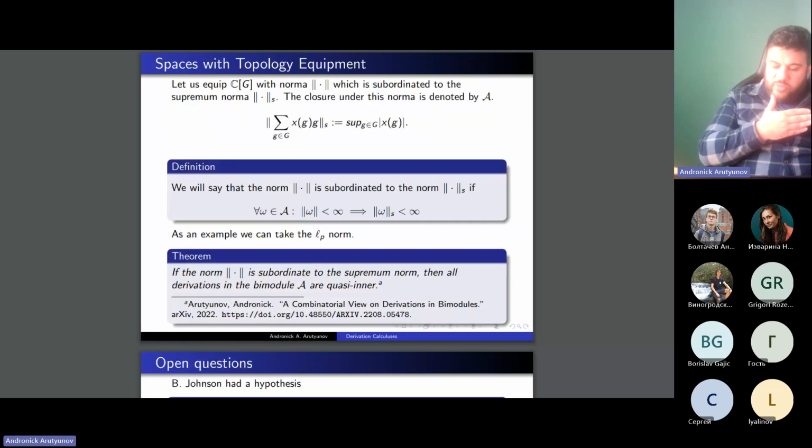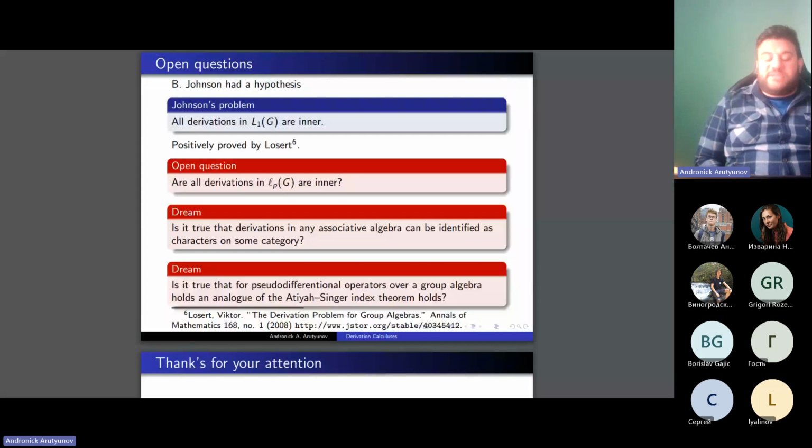Just from this theorem, which is written here, you get that all derivations in LP are quasi-inner. And my hypothesis is that, in fact, all derivations are inner, so quasi-inner and inner are equal for LP. With my student Alexei Nayandin, we have proved this for several types of groups, but the general case isn't easy for us.